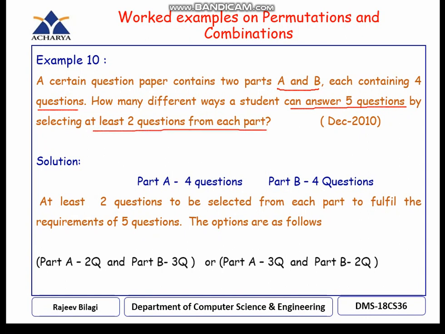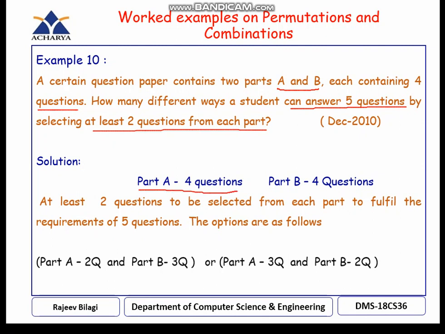Okay, so there are four questions in part A and four in part B. How many ways can he solve by selecting at least two questions from each?